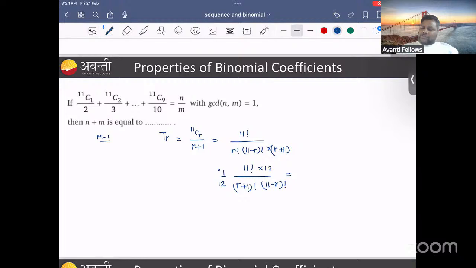So this becomes 1 by 12 times, numerator 12 factorial, upon r plus 1 factorial into 12 minus r plus 1 factorial, which is basically r factorial. Am I correct? So this comes out to be 1 by 12 into 12C(r+1).